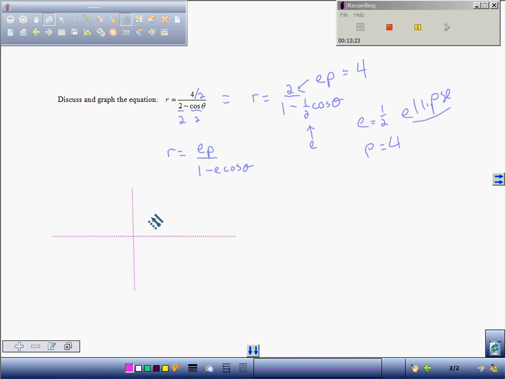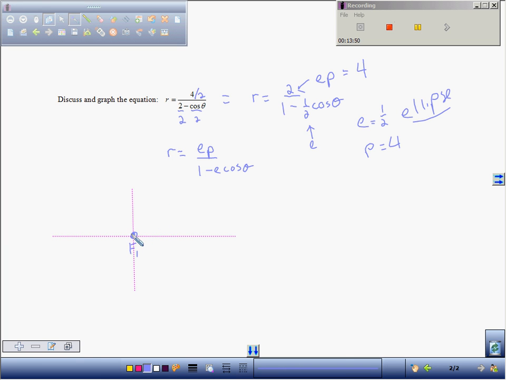In that form it says the directrix is perpendicular to the polar axis at a distance P to the left of the pole. Okay? So what does that mean? That means that for all of these, one focus is at the pole. So this is focus 1.